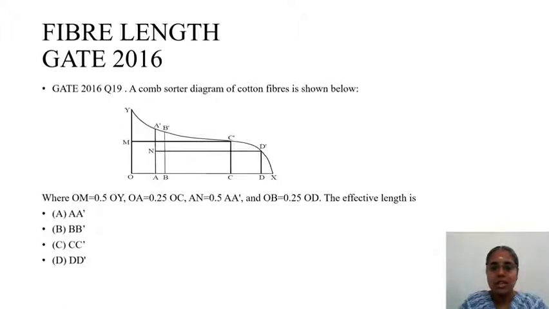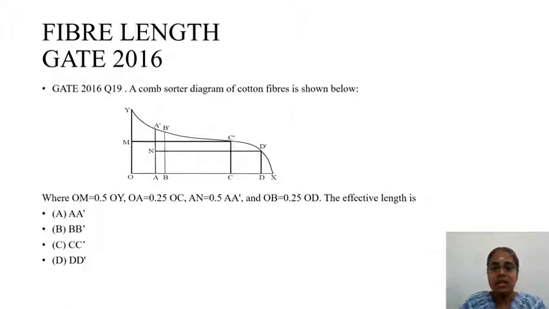Usually, A dash is the upper quartile length given in this diagram. So A dash, they have given OA. OA is 0.25 of OC. So it is the upper quarter.